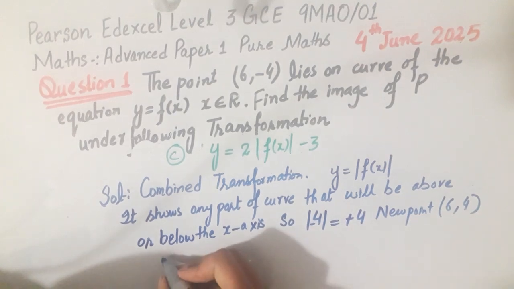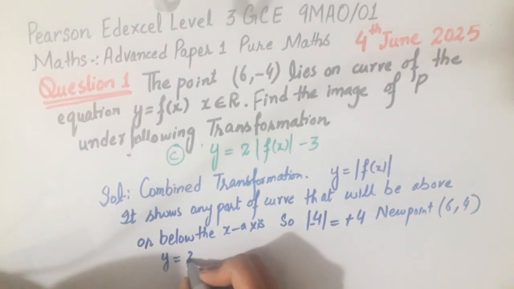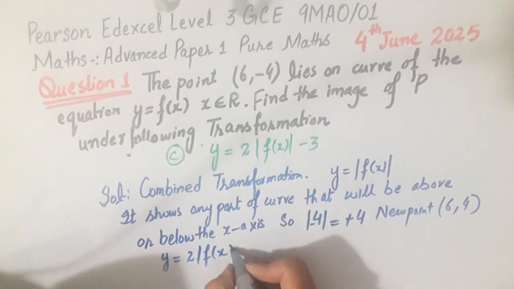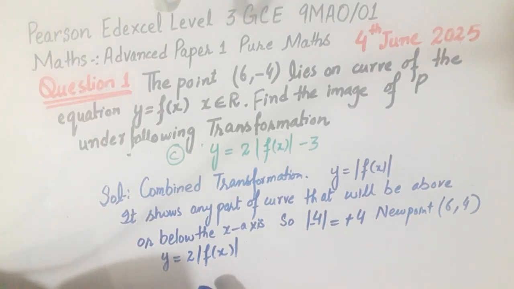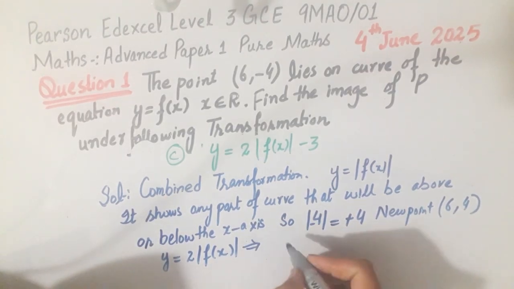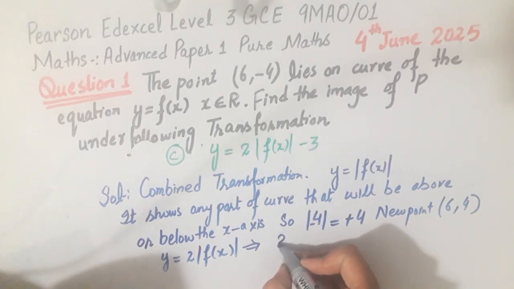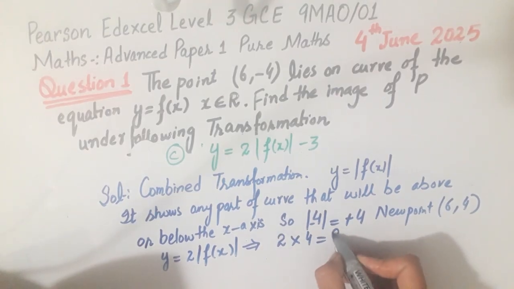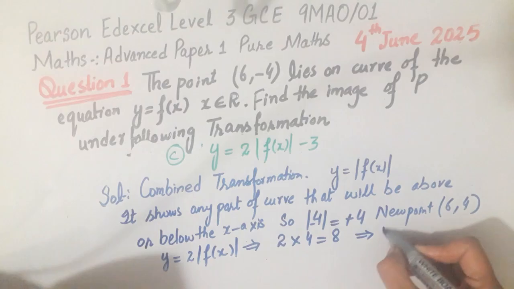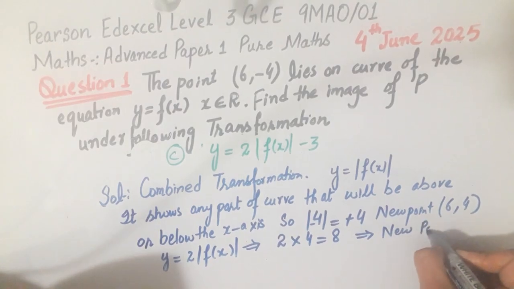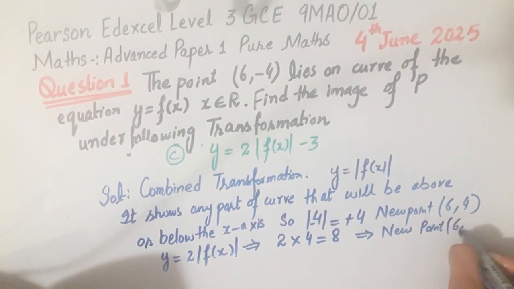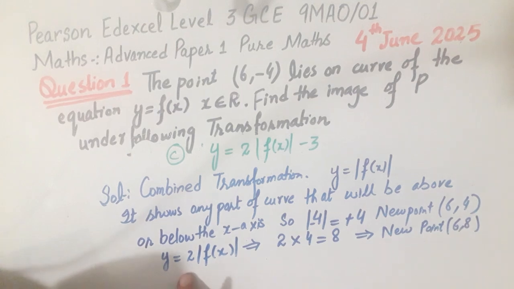Now when we have y equals 2 into mod of f of x, this implies a vertical stretch by a factor of 2 from the x-axis. The y coordinate 4 will become 2 multiplied by 4, that is 8. So our new point will be 6 and 8, because we multiply y by 2.